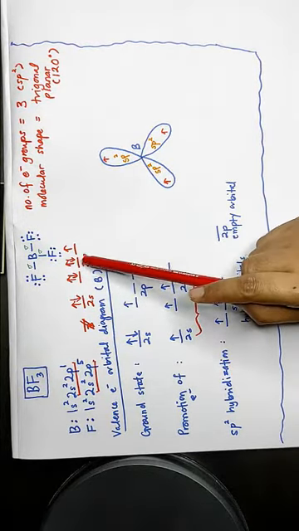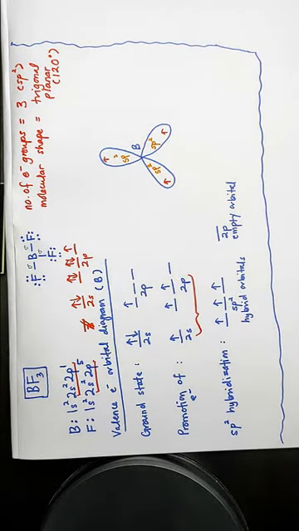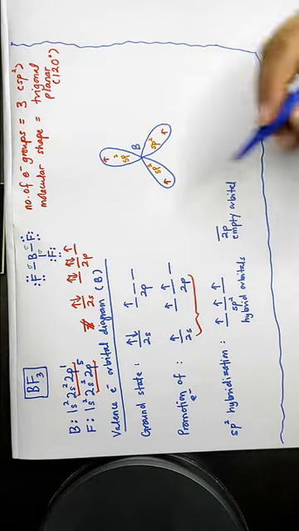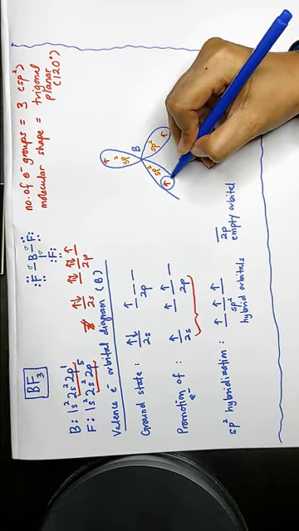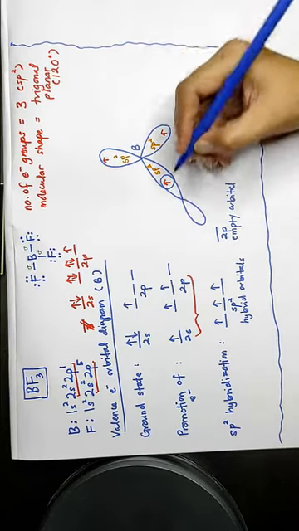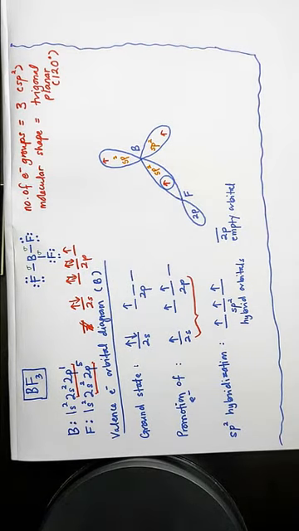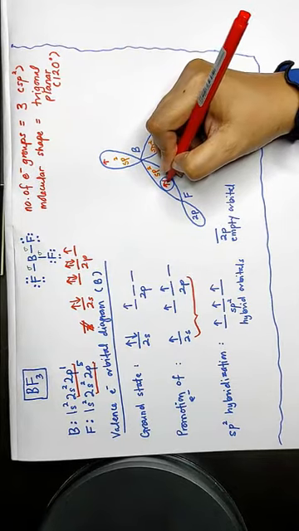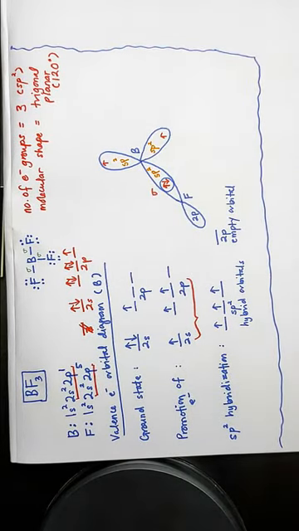It could be 2px, 2py or 2pz, say 2pz. But what is important is that because this is a sigma bond, the overlapping must be end to end. Now I will show the overlapping. The 2p orbital has a dumbbell shape. So this is the 2p orbital of fluorine. When it overlaps, sharing of electrons occurs. Here there is an unpaired electron, and now one sigma bond is formed. That is just one, so there are more, for example this one here.